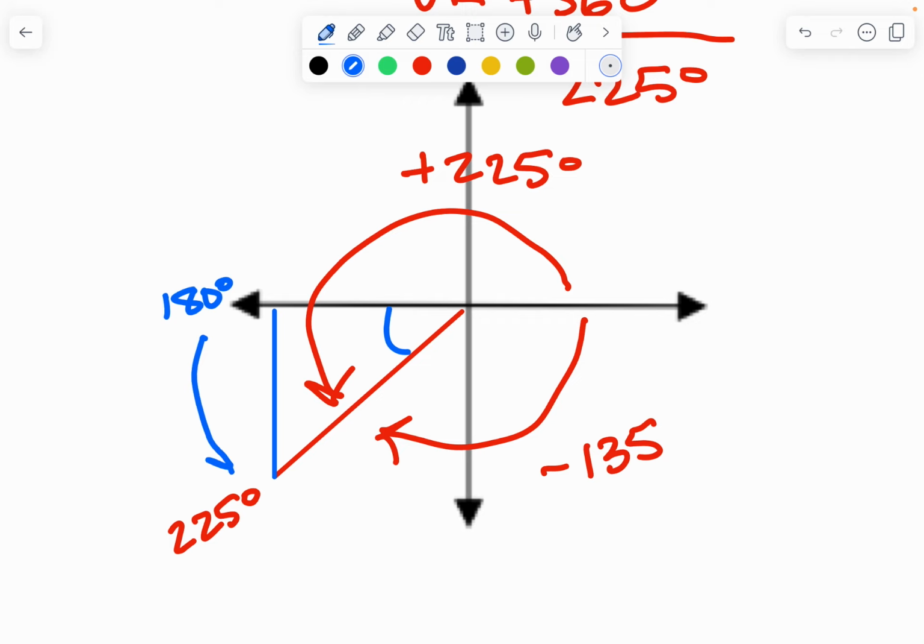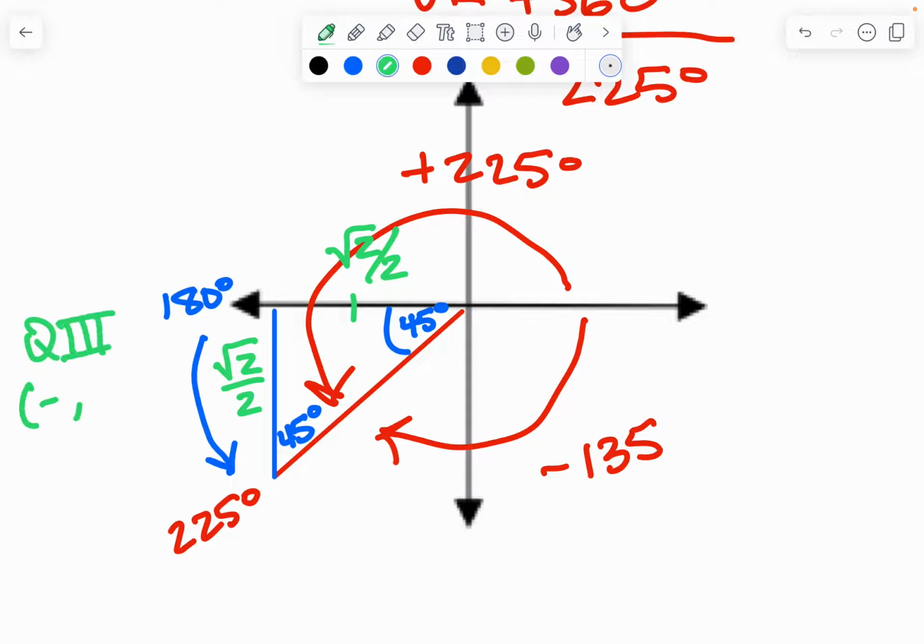This is 225. To get there, I had to go 45 degrees. So that makes this a 45, 45, 90. Both of my sides are going to be square root of 2 over 2. However, I'm in quadrant 3, which means they're both going to be negative. R is always positive 1.